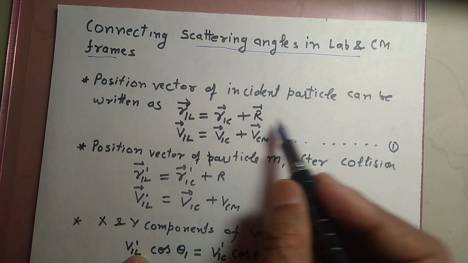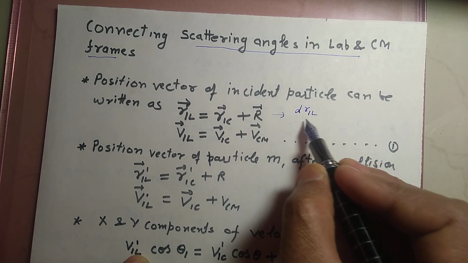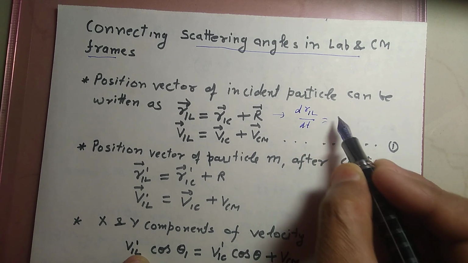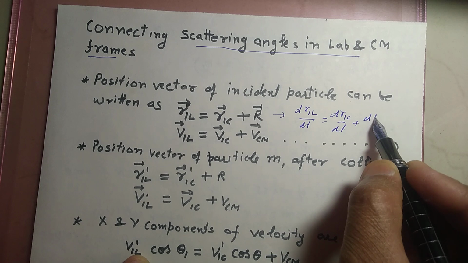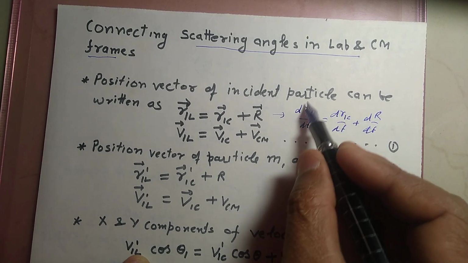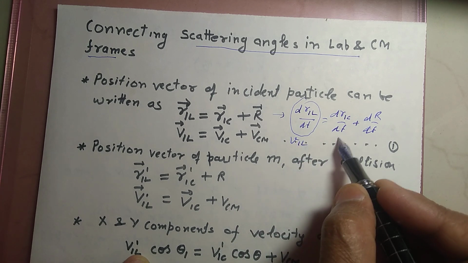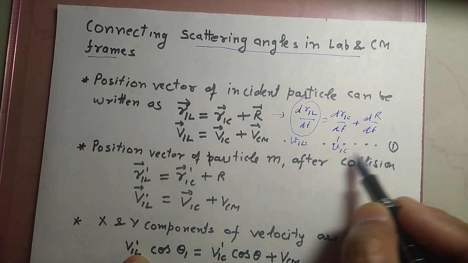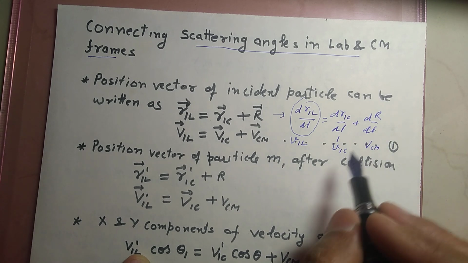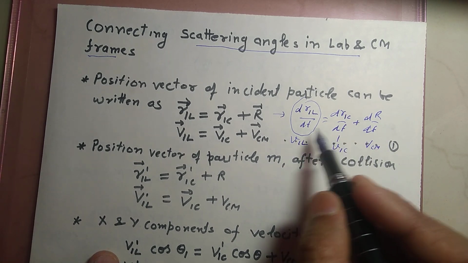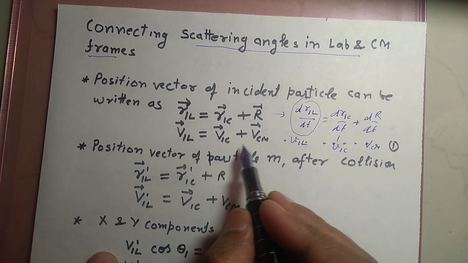If we differentiate it, dr1l/dt is equal to dr1c/dt plus dr/dt. This represents the velocity in the lab frame, the velocity in the center of mass frame, and the velocity of the center of mass. Or we can write v1l is equal to v1c plus vcm.